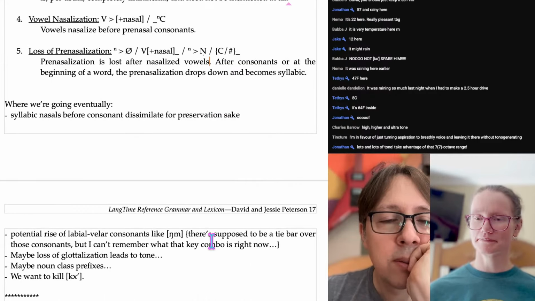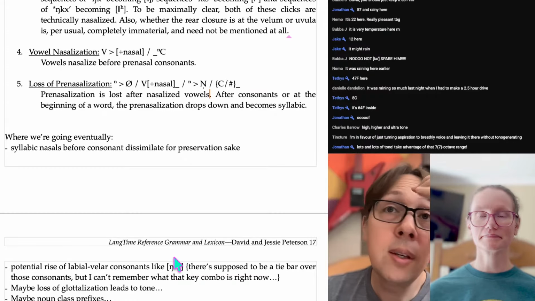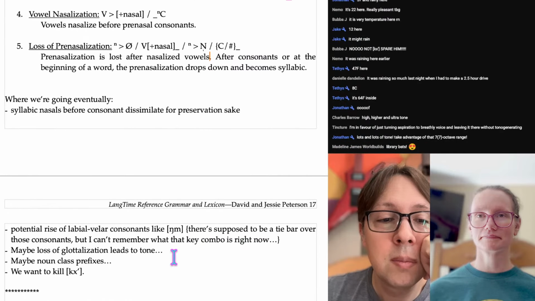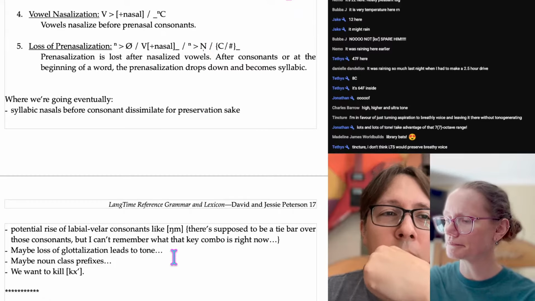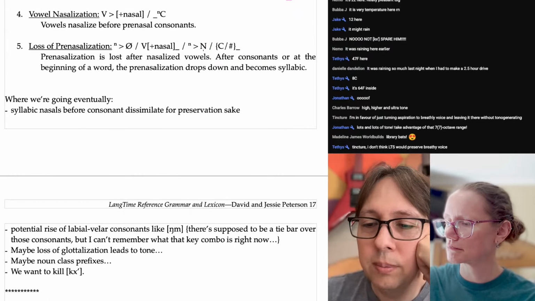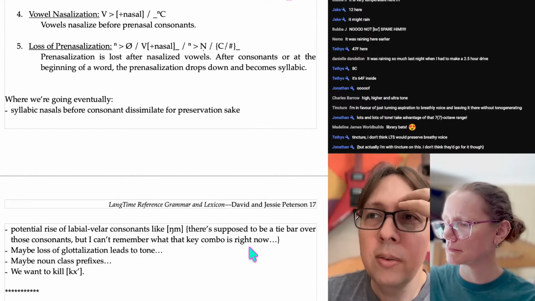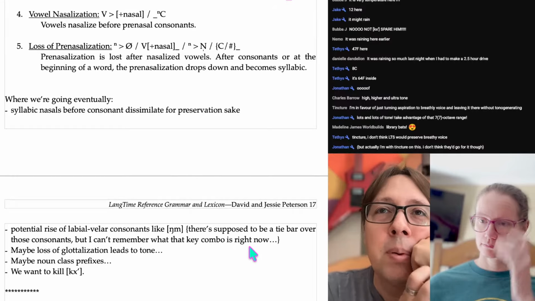Okay, so the idea would be that we would get rid of the ejectives everywhere else, and they would lead to a tone. I don't remember which one. Like, I feel like in my head, glottalization is associated with low tone.